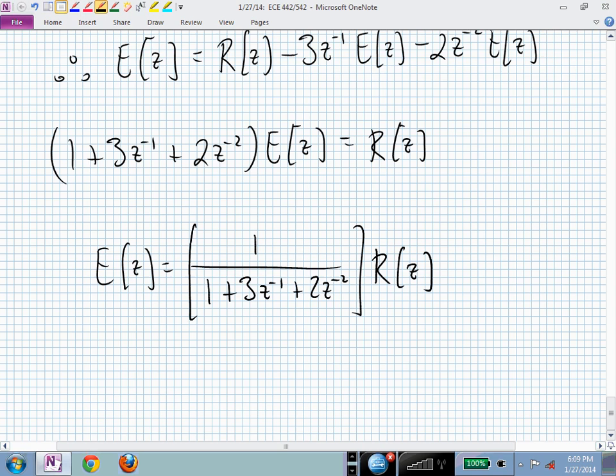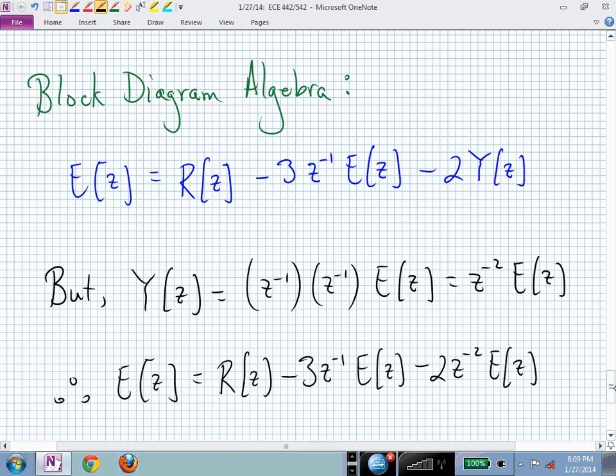We could take that back into the time domain by cross-multiplying and remembering what z to the minus 1 is in the time domain. That just corresponds to a delay of 1. But before we do that, we really wanted a transfer function between r and y. But y, we know how to describe in terms of E. We're done, right?